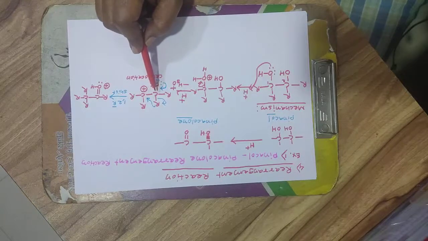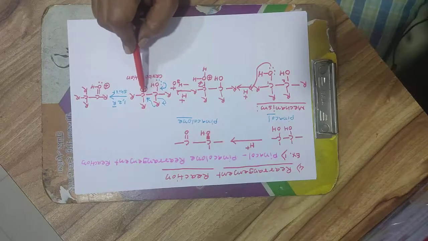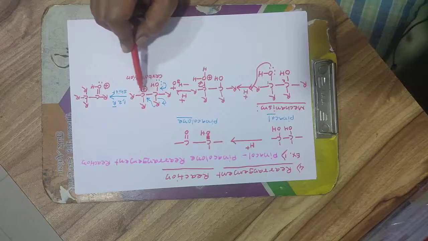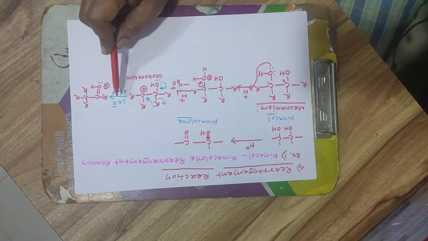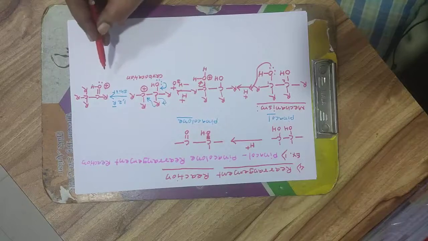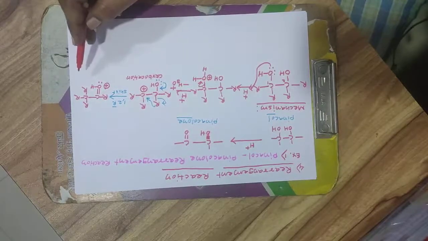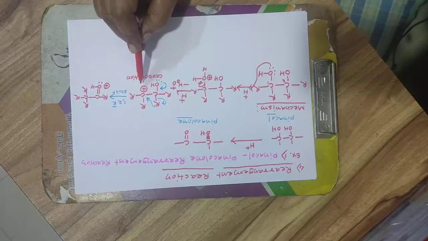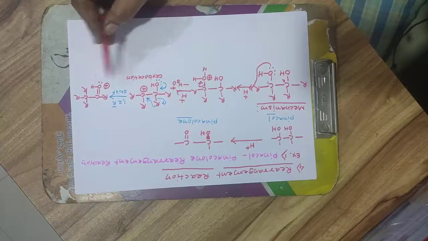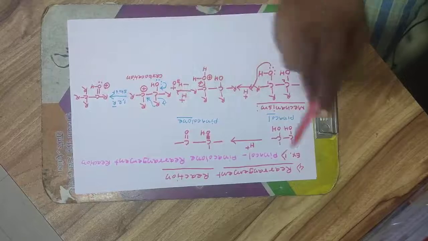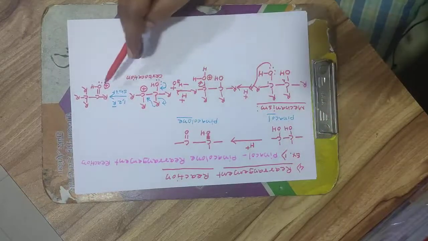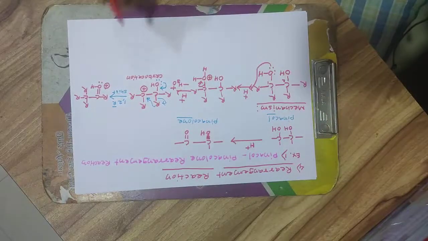So shifting of R from 1 to 2 position is called a 1,2 R minus shift. If R is methyl, we can say 1,2 methyl shift, right? So it undergoes rearrangement. This carbocation is further stabilized by resonance. This is the rearrangement step, right?